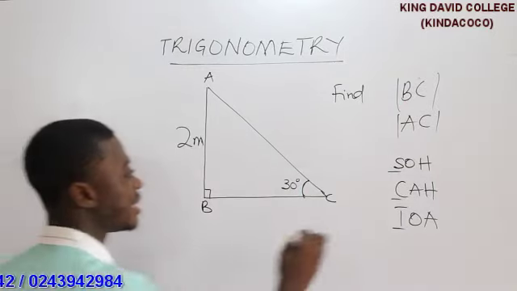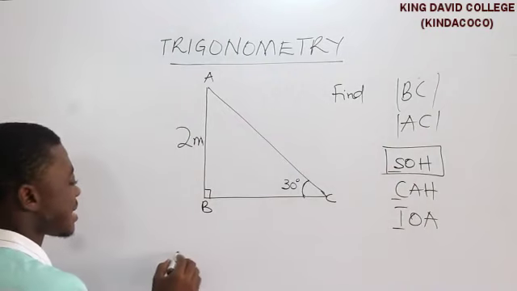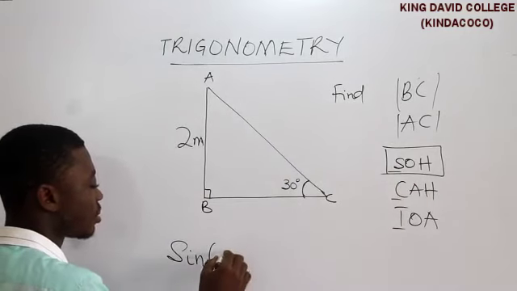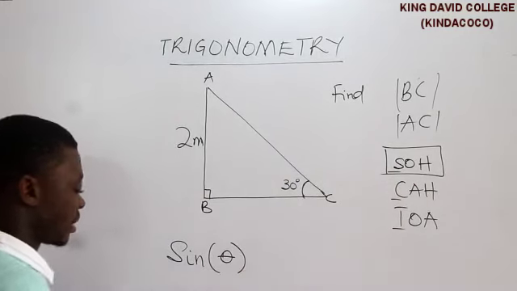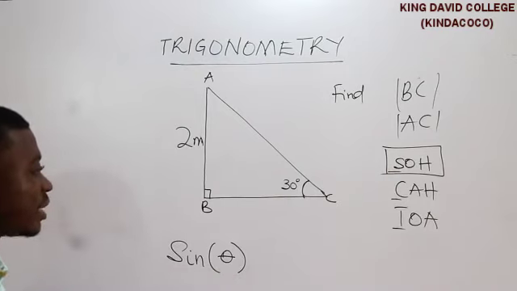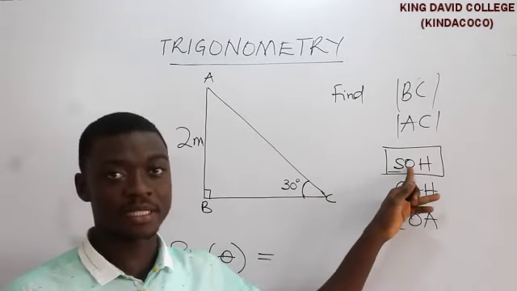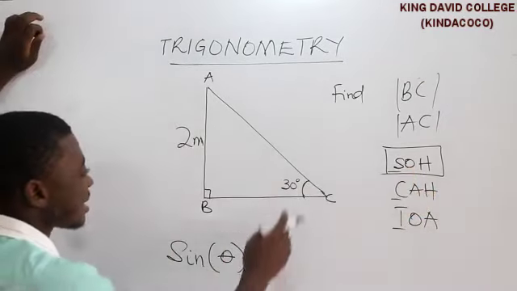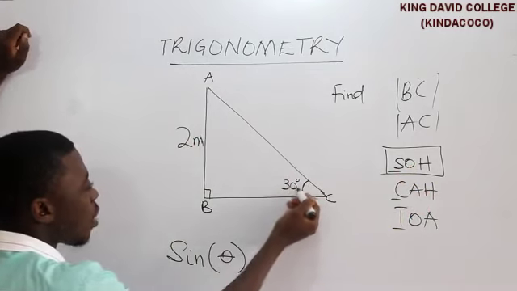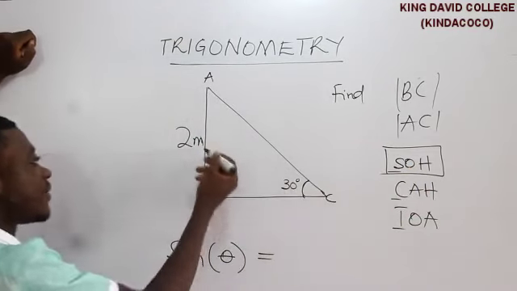What it is saying is this: if you want to use the sine, then sine of whatever angle is given to you, so let's say that angle we don't know, let's say angle theta, sine of whatever angle is given to you is always going to be what? The O there means opposite. So for instance, for this angle that we have here, the opposite means what part of the triangle this particular angle is facing.